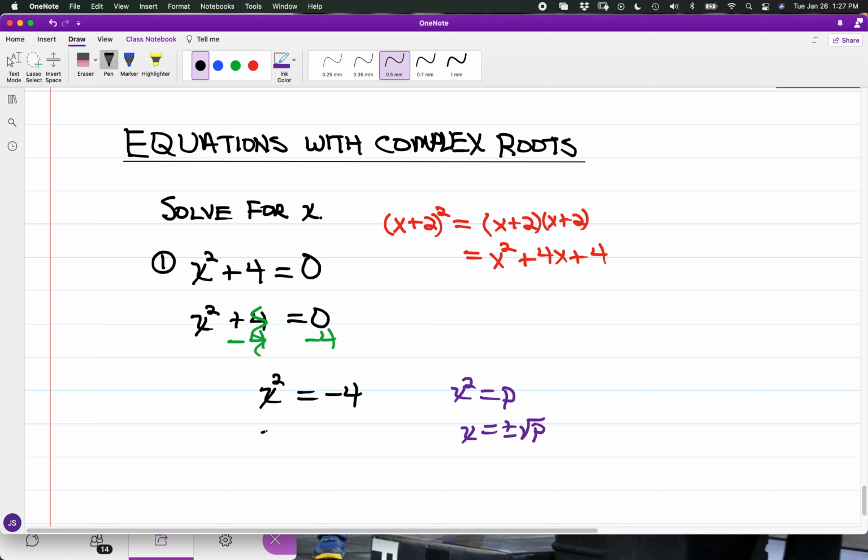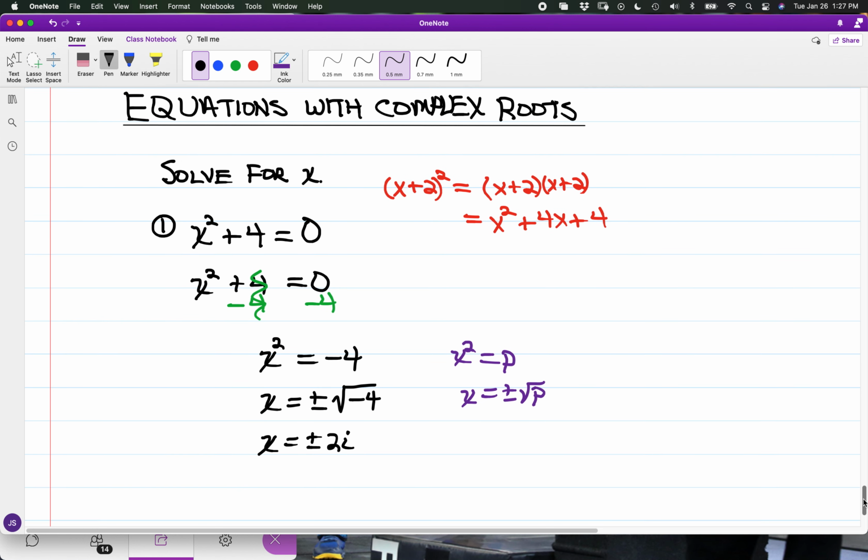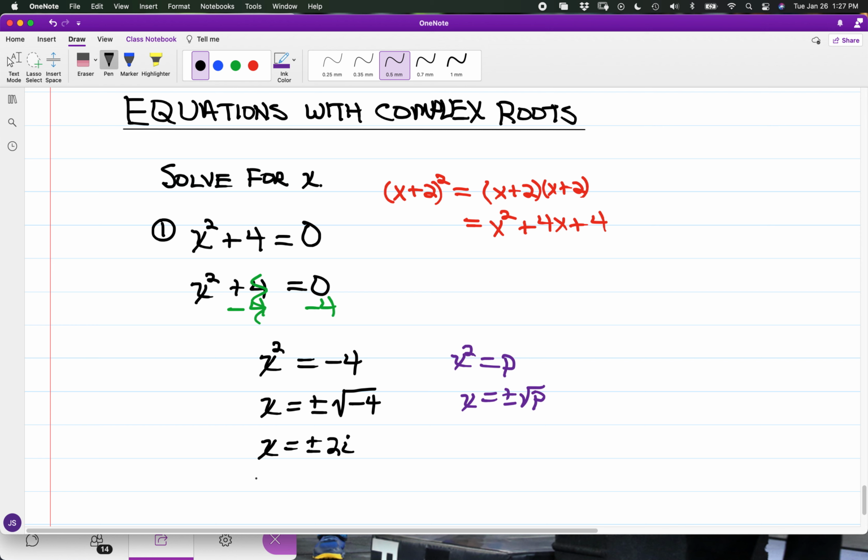And if we go from x squared to x, we have x equal to plus or minus the square root of negative 4. So while the square root of 4 is 2, that of negative 4 comes out to 2i. So for x, we have exclusively two complex numbers, 2i and negative 2i.